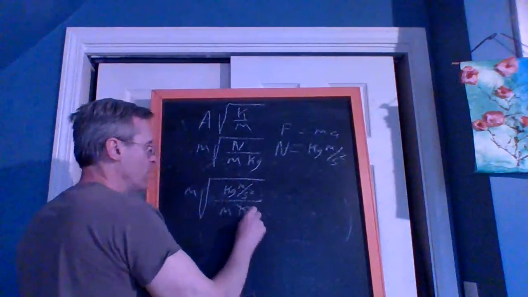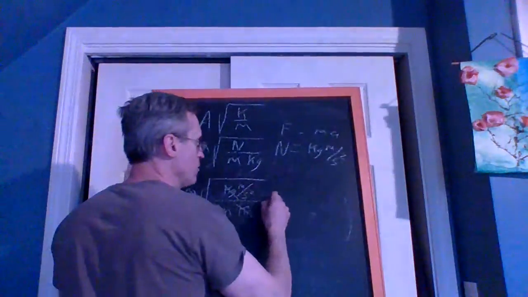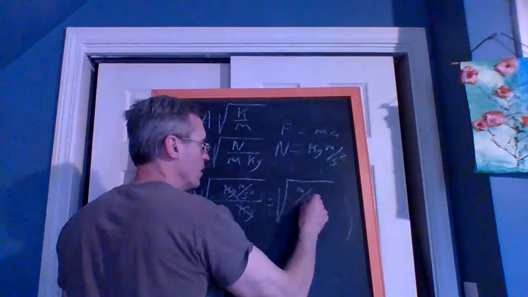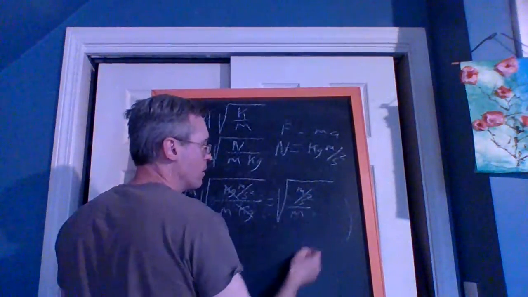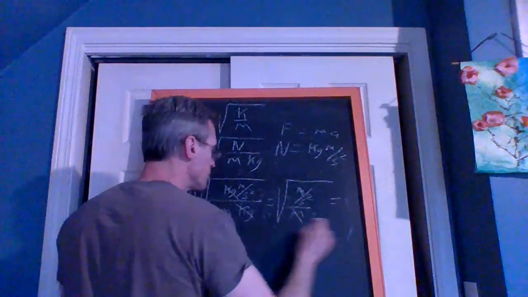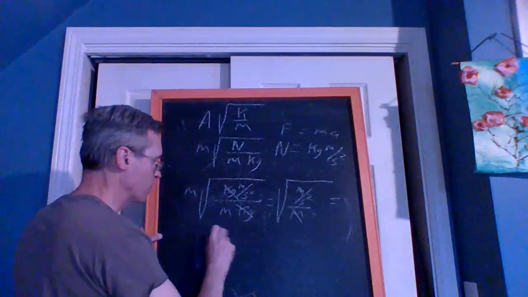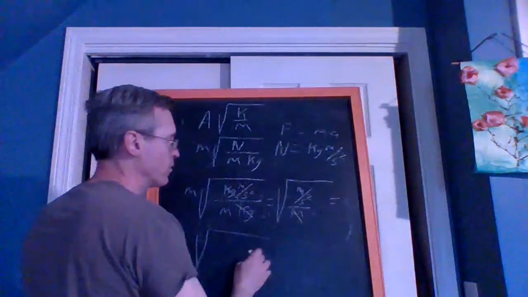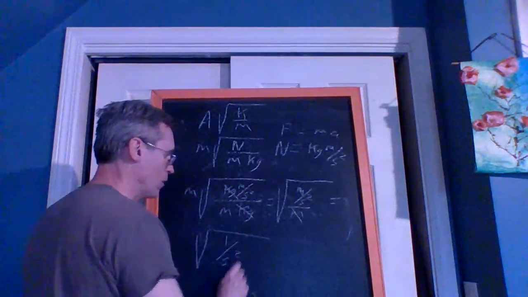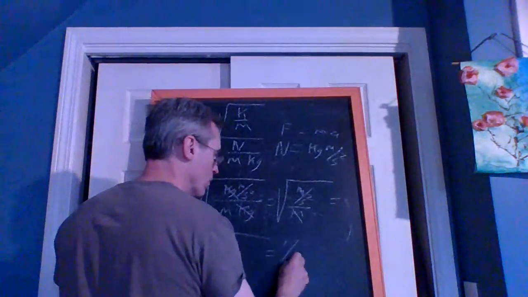So you can see the kilograms are going to go right away, and that leaves me with the big square root of meters per second squared divided by meters. The meters go, and that leaves me with, in that term, the square root of 1 over second squared, which is just 1 over seconds.